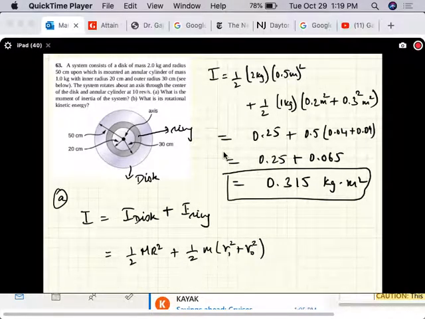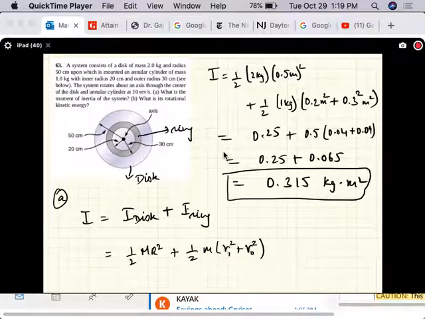Why would you add the two radii? Oh, that's the moment of inertia of a ring. When you do 1/2 m R1 squared plus R2 squared, why would you add both of those in the ring? That's the moment of inertia of the ring.